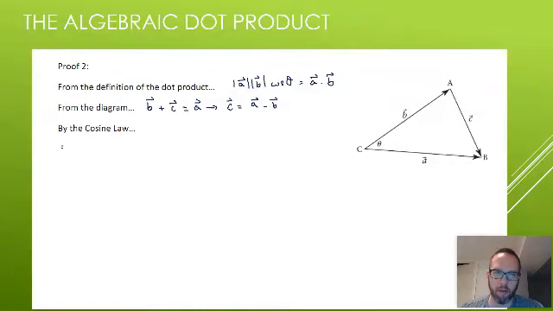The cosine law says that the magnitude of the opposite side squared is equal to the magnitude of the other two sides squared added together, minus 2 times the product of those magnitudes times the cosine of the angle between them, which is theta.